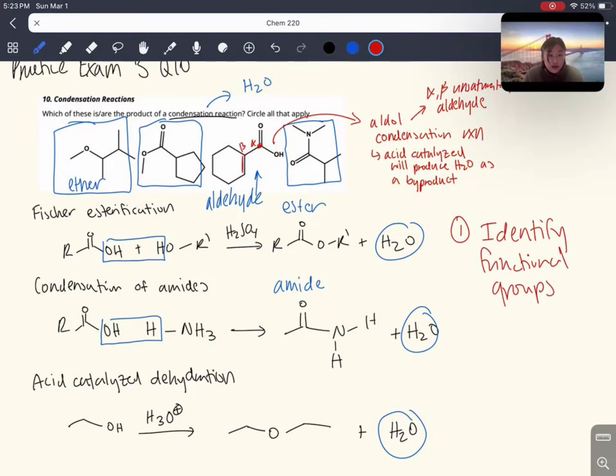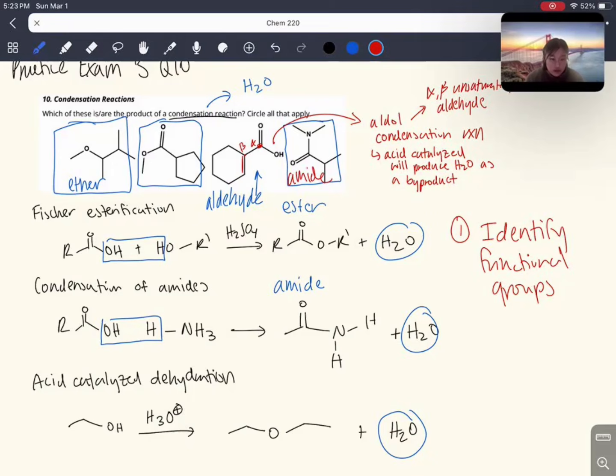The important thing about that is that it helps you think about what reactions I know that create an ether, an ester, an aldehyde, etc. And then, what are the byproducts of these reactions? Is water a byproduct of this reaction? If yes, then it's a condensation reaction.